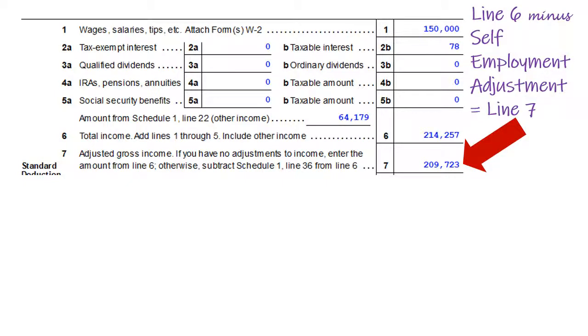Remember, the self-employment adjustment takes a portion of the tax liability out of the equation, because otherwise you'd have been double counting a portion of the amount calculated when you calculated Monica's Social Security liability, as well as when you calculated the business's Social Security liability.